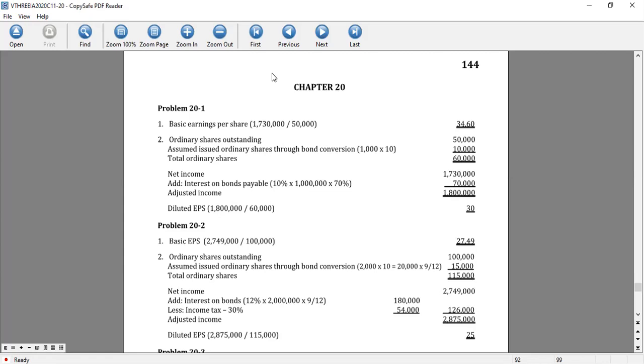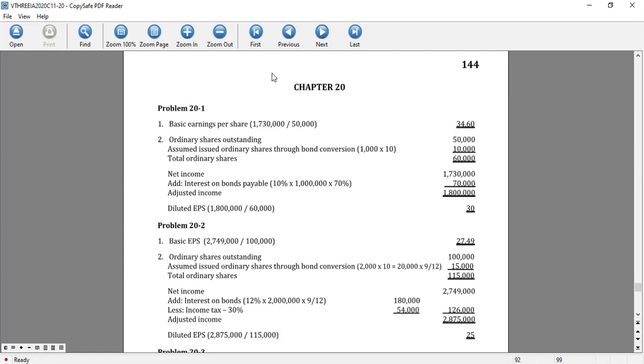So we get 15,000. That's the assumed issued ordinary shares through bond conversion. And we have now the total ordinary shares equal to 115,000.